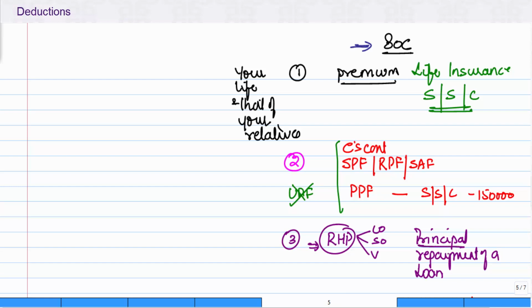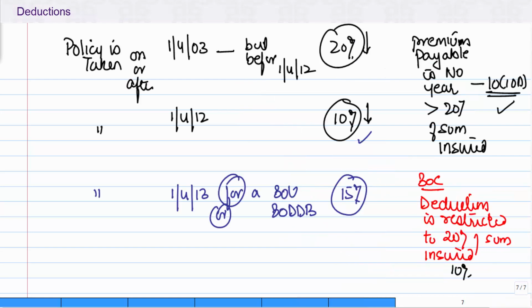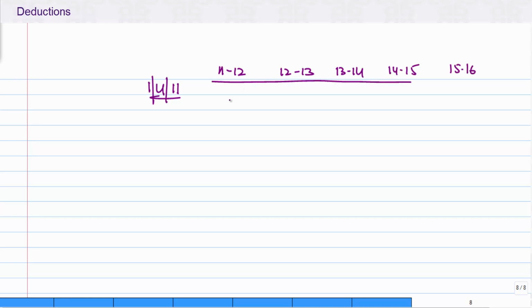So repayment of loan. This of course is from the year in which the house is completed. So if your loan started, let's say earlier, we say your loan started from 1/4/2011 and 11-12, 12-13, 13-14, 14-15, you paid interest and principal, because remember you paid interest as well as principal.